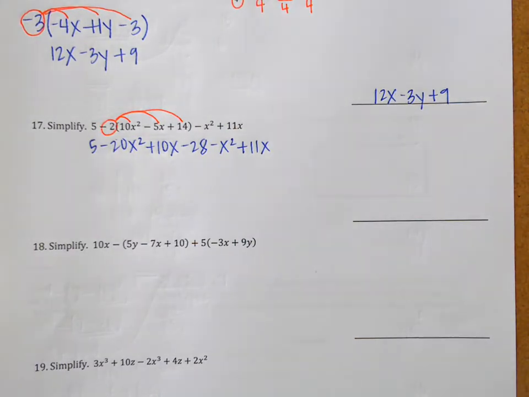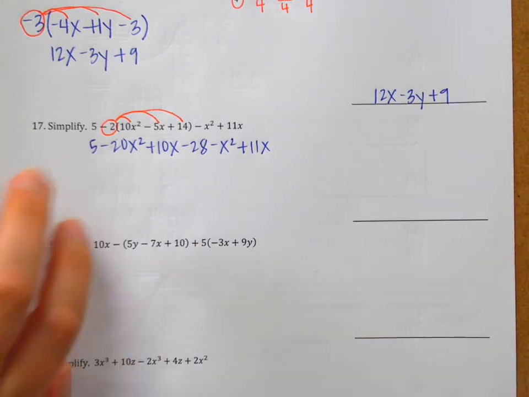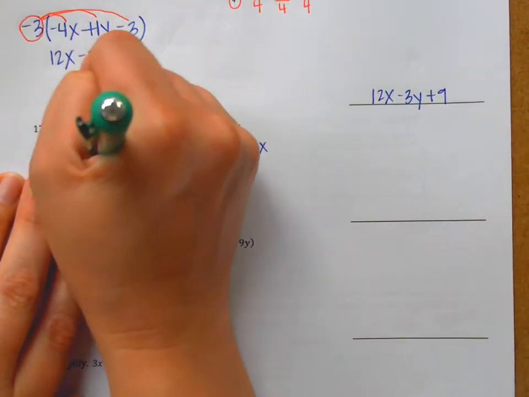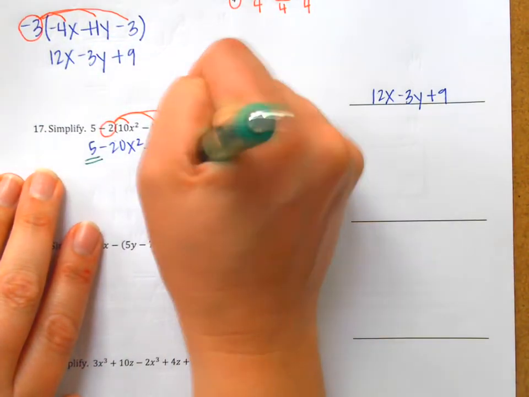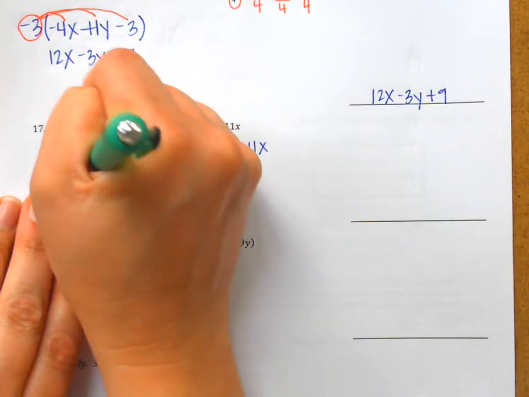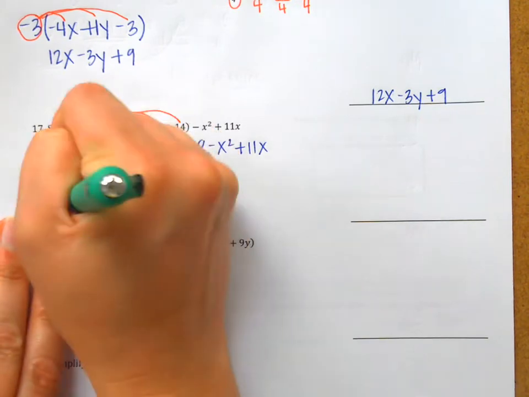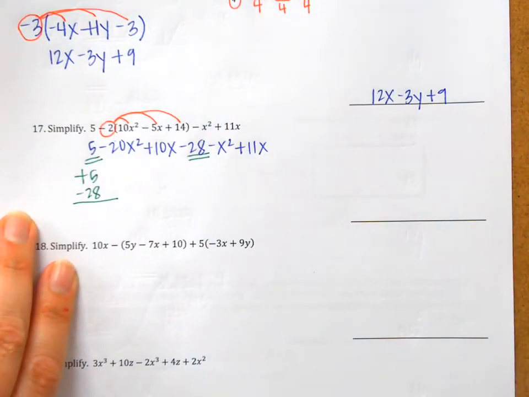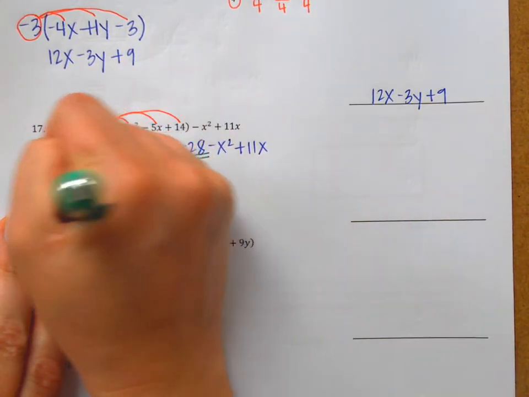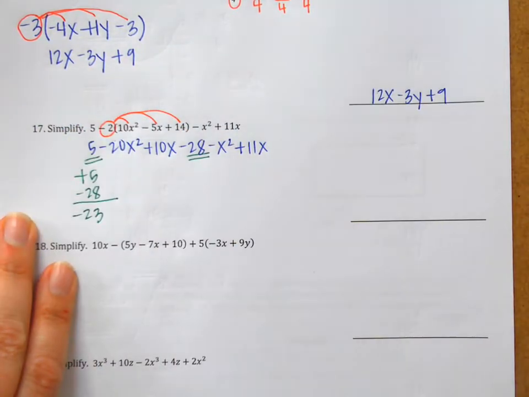Okay, so then from there, I can just combine like terms. Once I've distributed, all I have to do is look for my like terms. On this one, I am going to list them out. On some of the other ones, I'm just going to do it in my head. So first thing, 5 can combine with negative 28. 5 minus 28 gets me negative 23. And then I keep going.